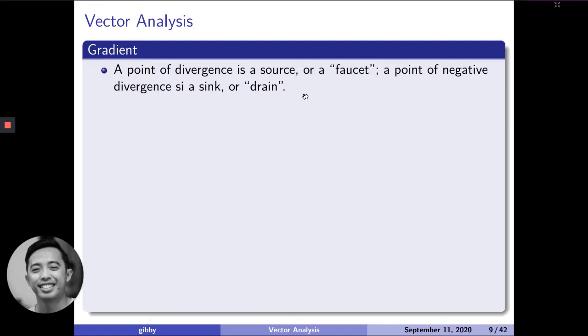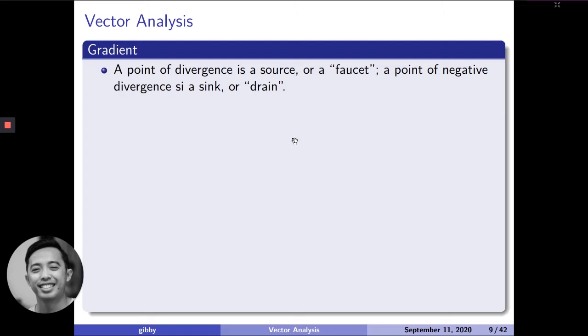So there are two kinds of divergence, either a drain or a faucet. If you've seen a faucet, it spurts out water, so that's a positive divergence. If you have a drain below your faucet in your sink, that's what we call a negative divergence.